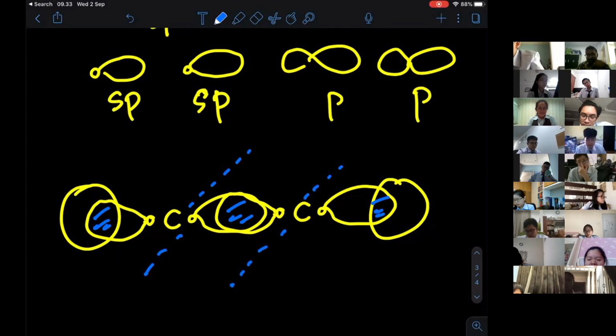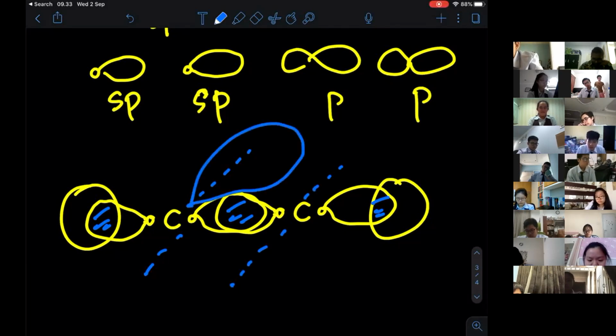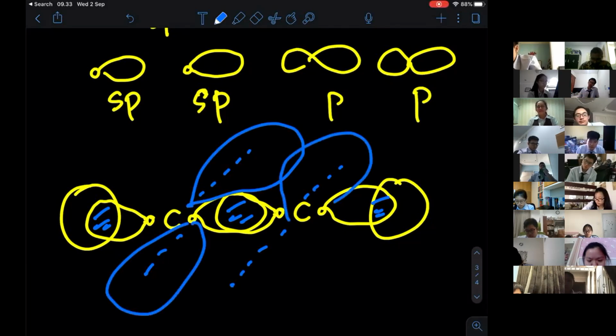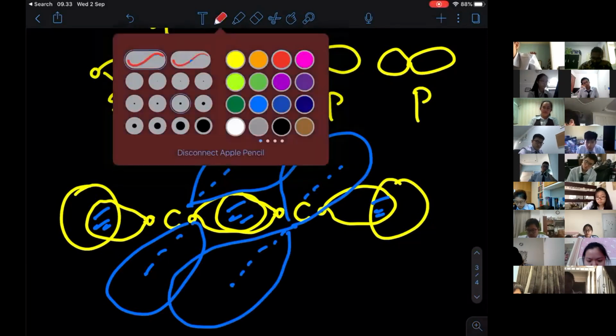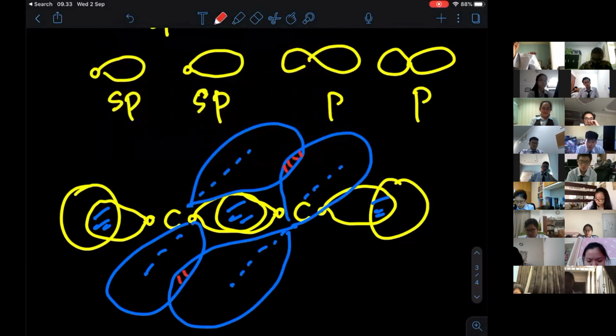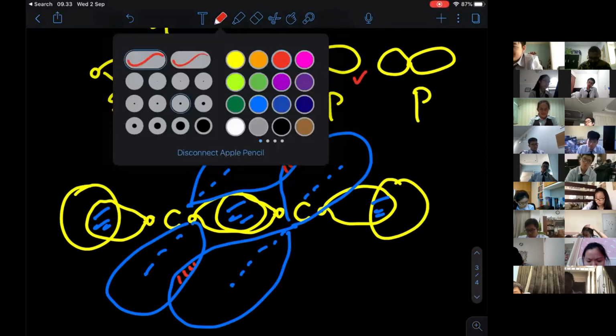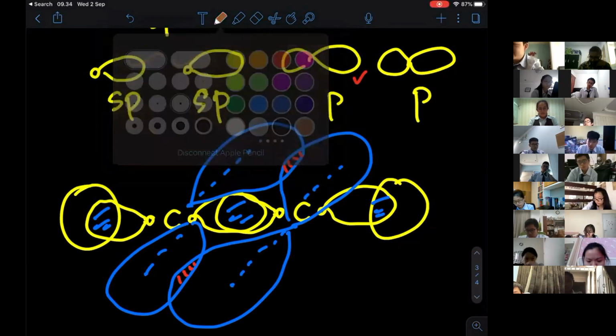I will use the blue pen, take note, p. And if I highlight the sideways overlap, do remember this one is done. And we also have another one. Things will get messy now, so just take note, I'll use this color.